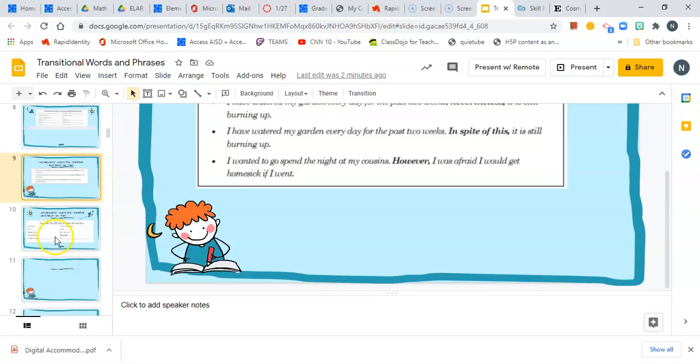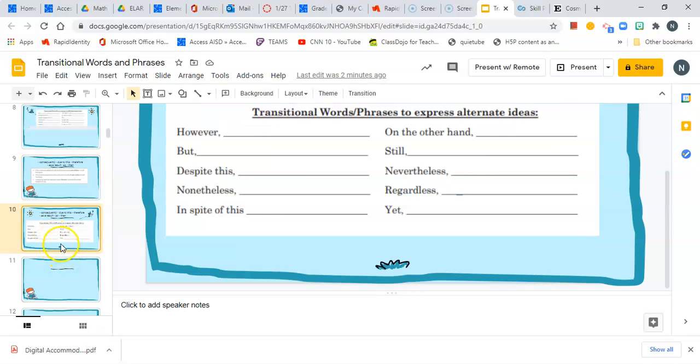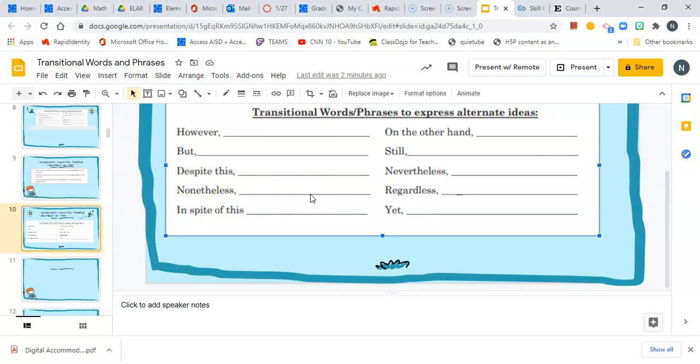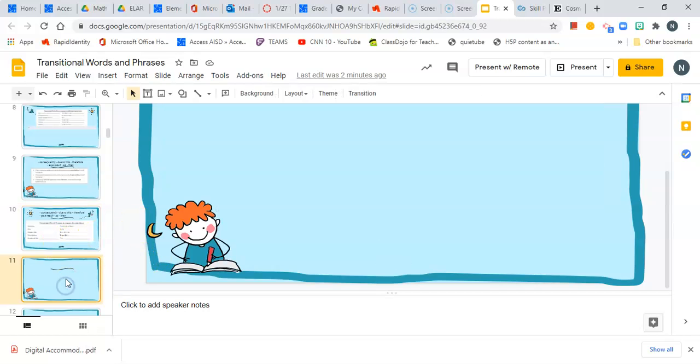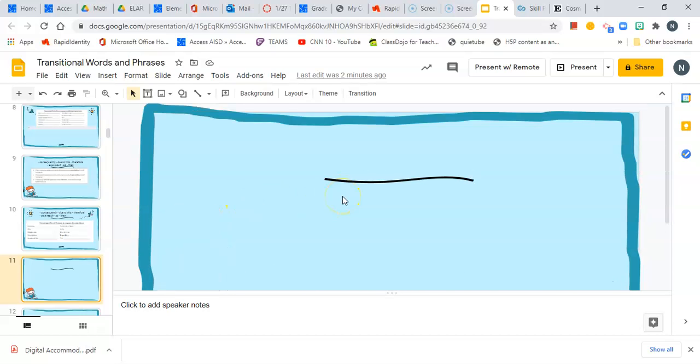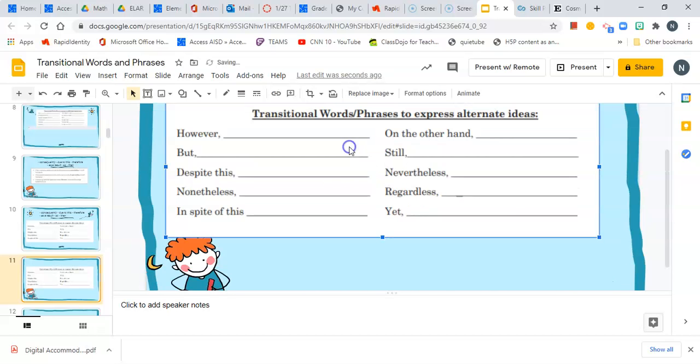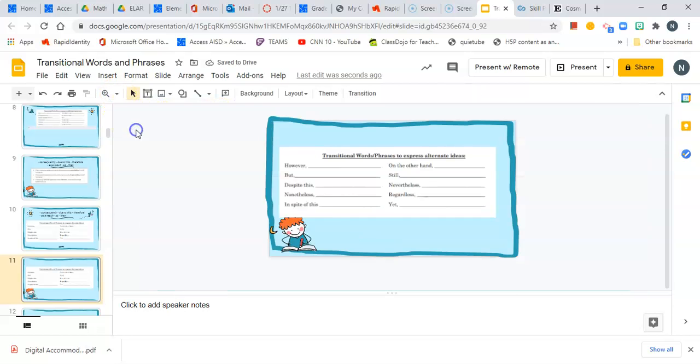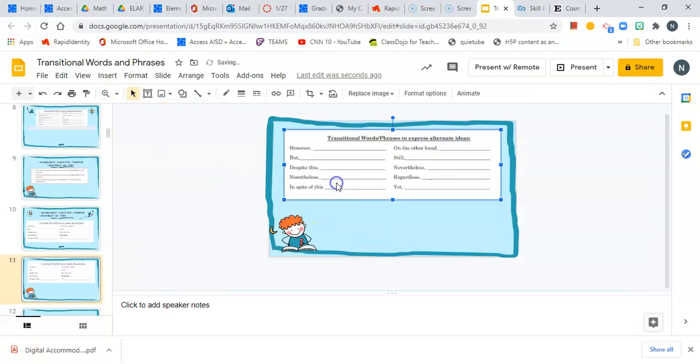So you're going to use these sentences here. So I am actually going to copy these. And then on page 11, you will write these in. You have the model sentences here. Let me make them a little bit smaller. And then you will use the text box to write your sentences.